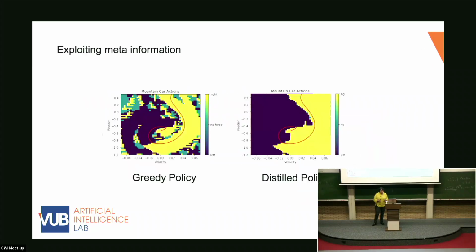What you see here on the left is a greedy policy learned for mountain car. My message here is, if you look at this, there are three actions: no force, and left. This is the trajectory that is being taken. Well, you see this, you could call it kind of noisy actions.